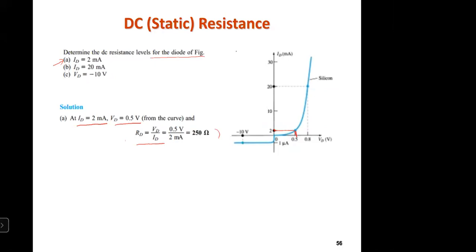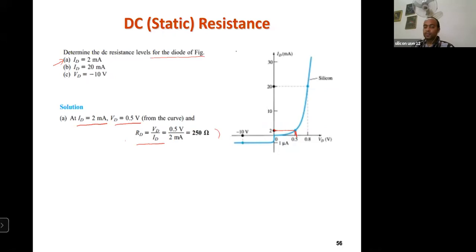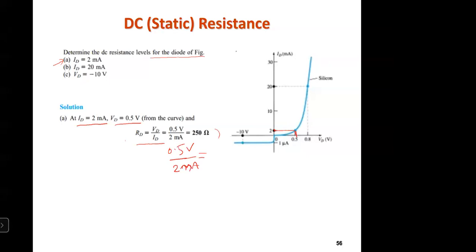I'm just explaining that thing. So RD equals VD by ID, as we saw in that equation. This is a simple thing. RD equals the applied voltage by the current, which is 0.5 volt by 2 milliampere. Always remember during this calculation to put the units properly, because 2 milliampere means you have to write 10 to the power minus 3.